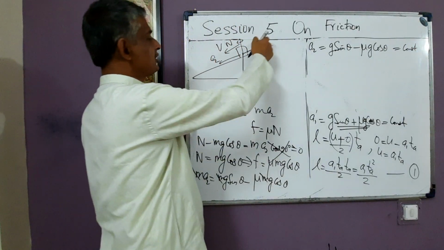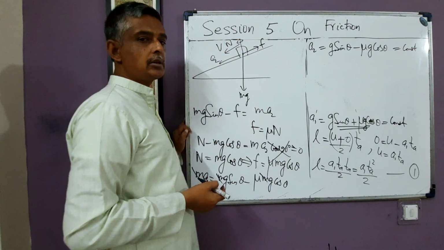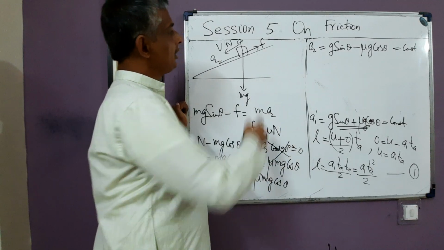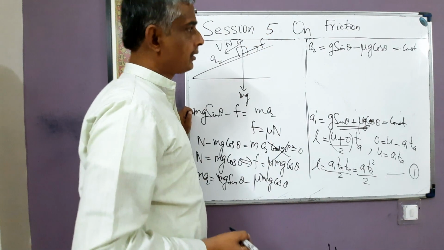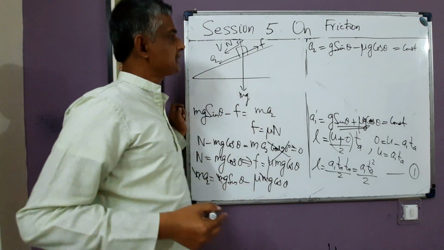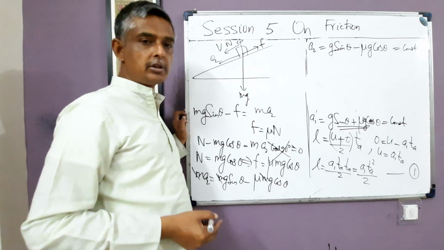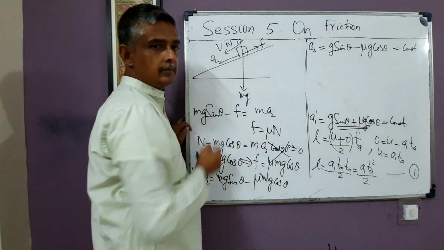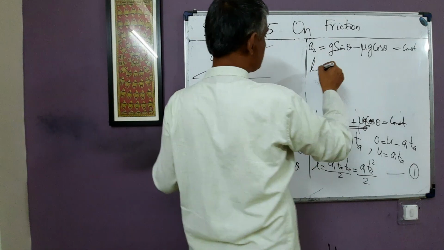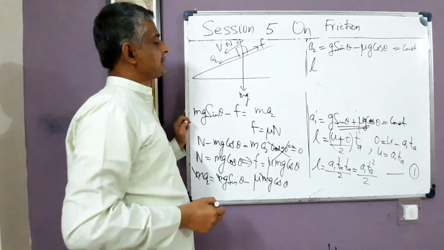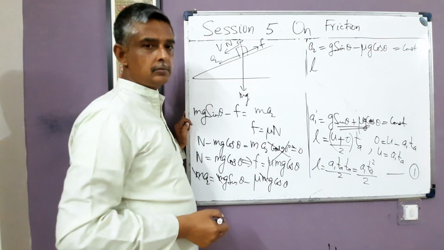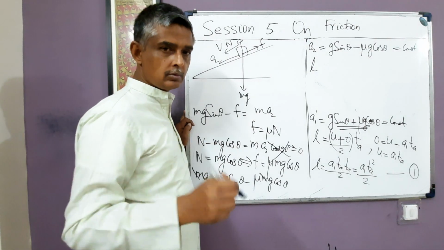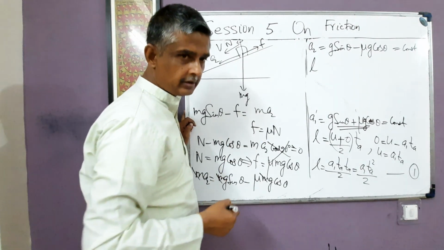Now during its downward journey, the block again covers a distance of L with a constant downward acceleration A2, starting from rest, that is, zero initial speed u. So again apply the formula s equals ut plus half at square to the block during the second phase of the journey.